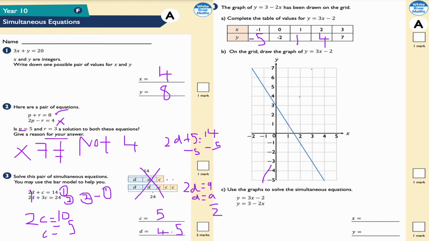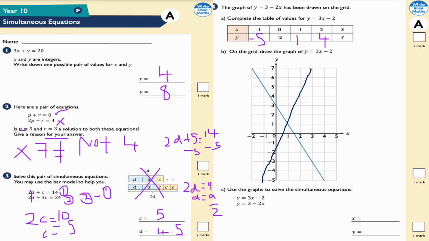Again, with your ruler, guys, being very, very careful. Making sure that you use a pencil and a ruler for these questions.